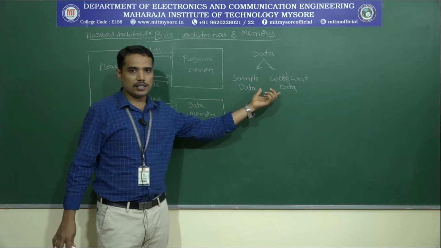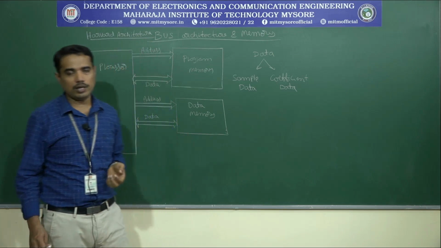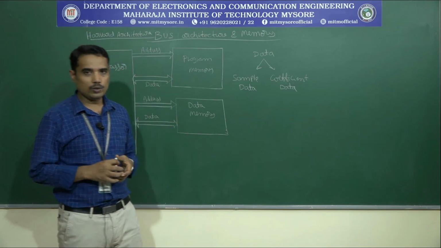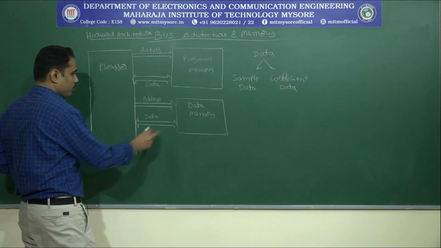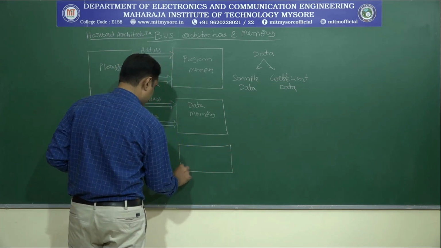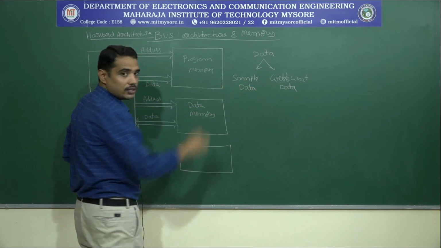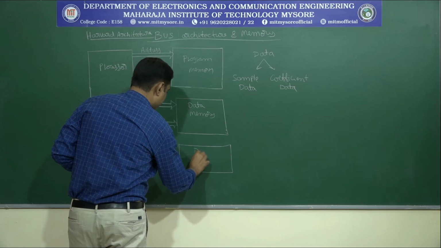Then in this case, the speed will be decreased. In order to enhance the speed, what are we going to do? We have to add one more block of data memory for the case of dual data. One is sample data, the other one is coefficient data.